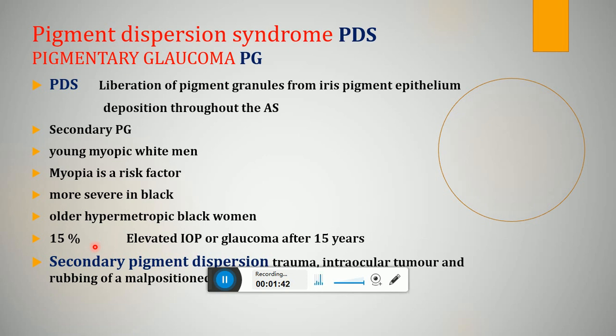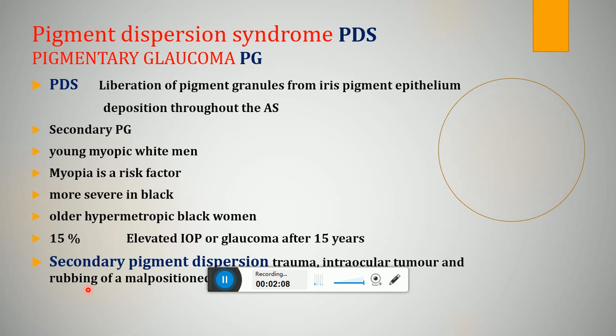Autosomal dominant inheritance with incomplete penetrance seems to be present in at least some families, and a range of genetic loci have been linked. Myopia is a risk factor for clinical manifestation, with higher degrees of myopia being associated with earlier and more severe glaucoma.